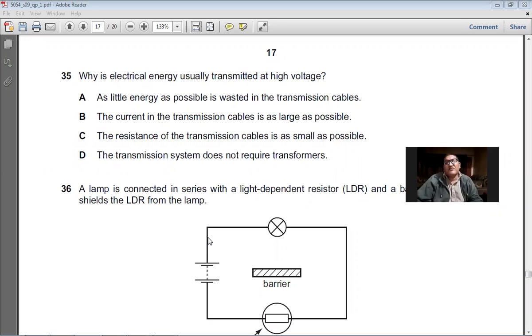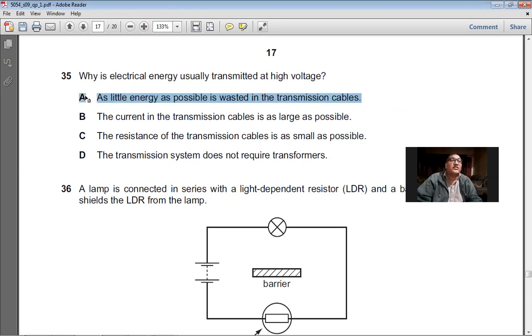We make the voltage very high by using the step-up transformer, and the reason is so that the current becomes smaller and the power loss in the transmission lines becomes less. So I think as little energy as possible is wasted in the transmission line.